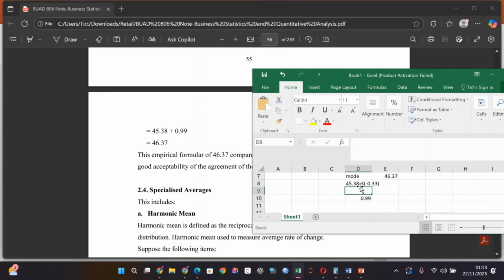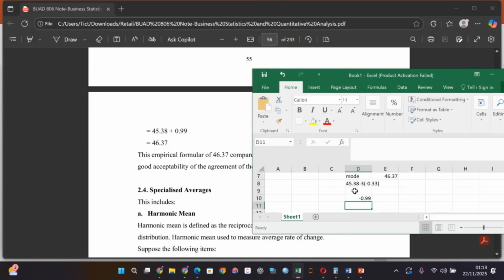So this was supposed to multiply with this. This supposed to be 3. I'm going to remove this minus here. Then it gives you this.